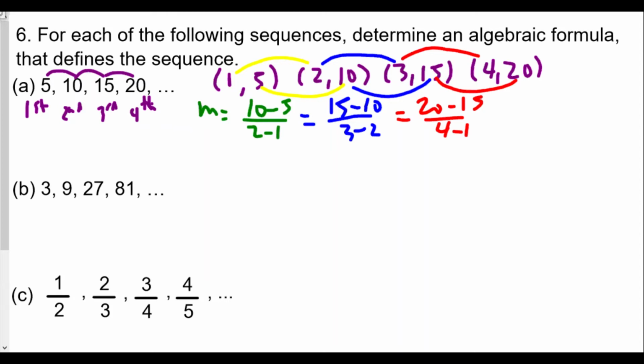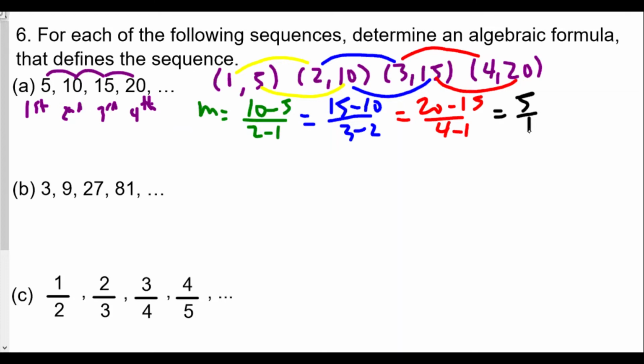And each and every time, I would get a slope of 5 over 1. So if we're increasing by the same number every single time, it's most like a linear function, and the y value increases by 5 each time the x value goes up by 1.